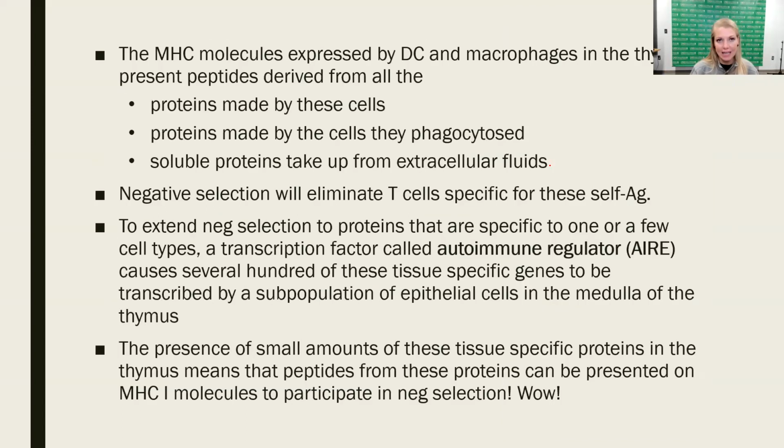But that's not always the case, because dendritic cells are able to share the proteins that they process when they take up antigen from the environment, whether it's through phagocytosis or through endocytosis. And that'll be great for negative selection for those antigens. But we need to extend that to potentially any self protein that could be in the body.